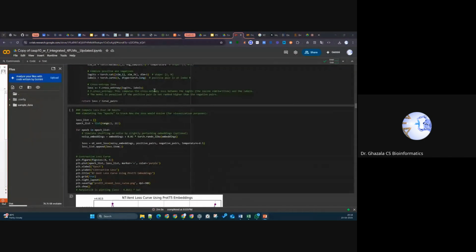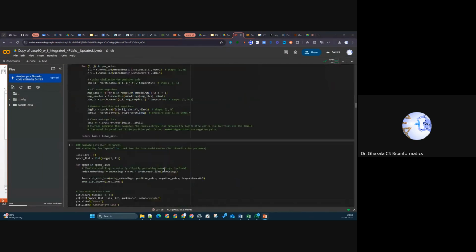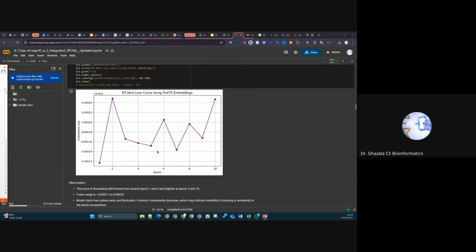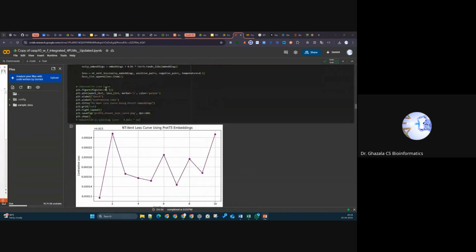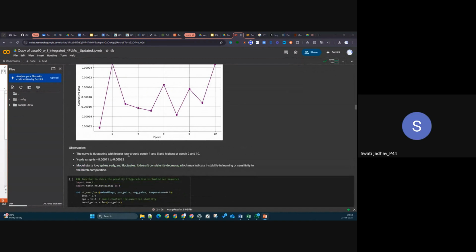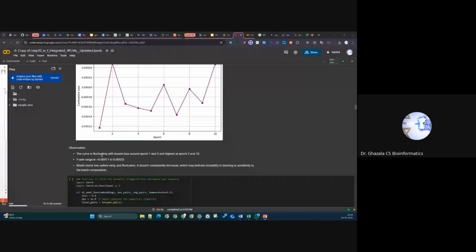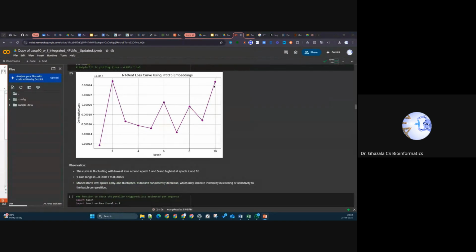The model that we generated with ProtT5, or I think this one is for ProtT5, or even ProtBERT. So this is what loss tells us. If loss is too high, for example, let me show you in the next figure. I guess the first one is for ProtT5. We can see here that the curve is fluctuating, the lowest loss is around epoch 1 and epoch 5, and the highest is at epoch 2 and epoch 10.